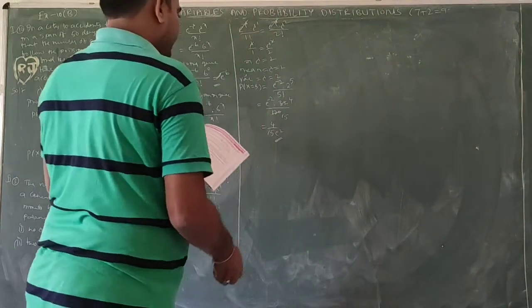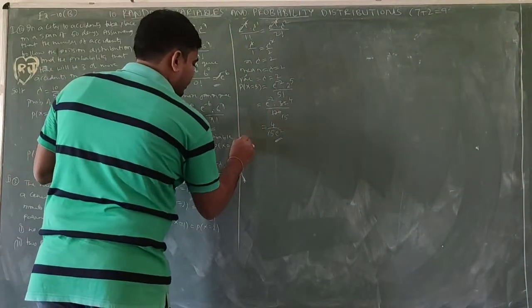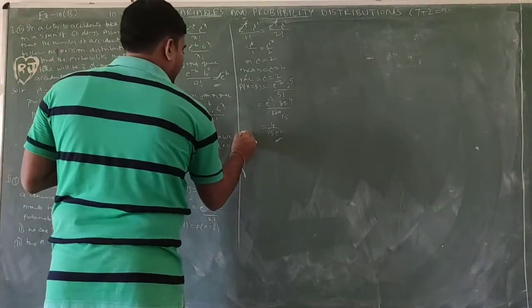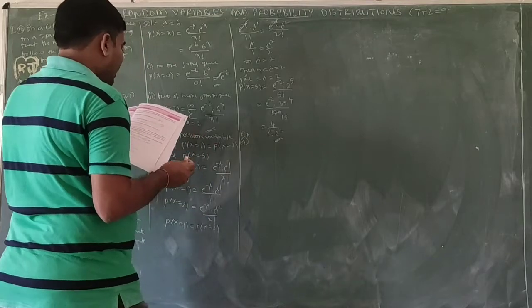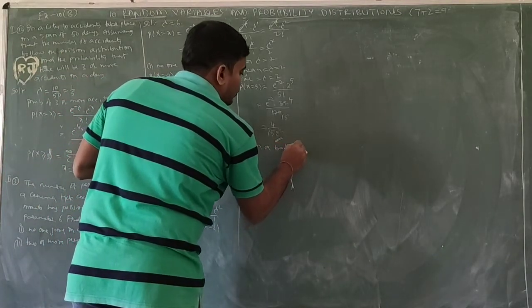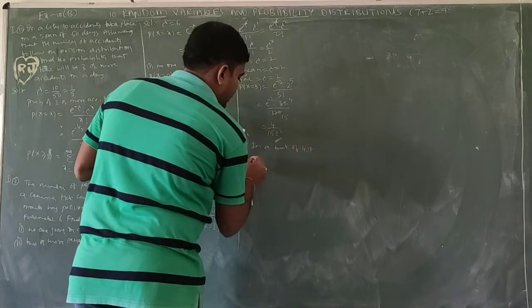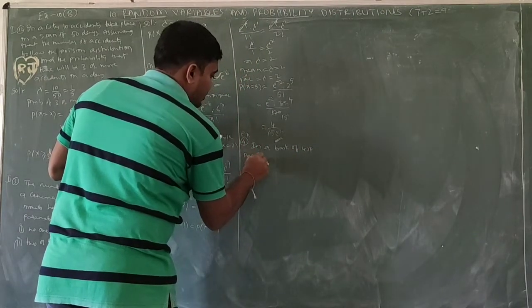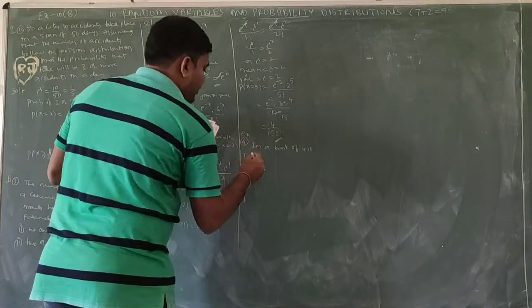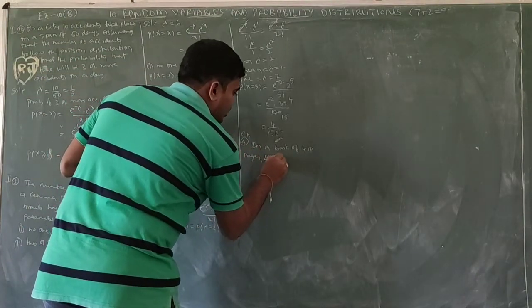Fourth question. Example 4. In a book of 450 pages, 400 are typographical errors.